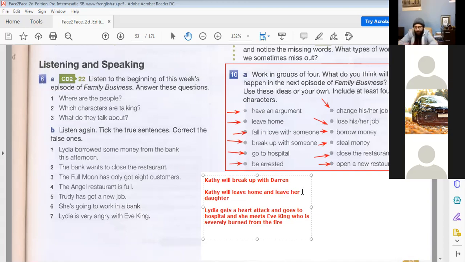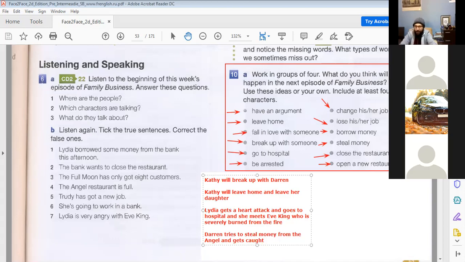Maybe he tries to steal some money. Do you think he's successful, or do you think they catch him? Of course, they catch him. Okay, from the Angel, and he gets caught.